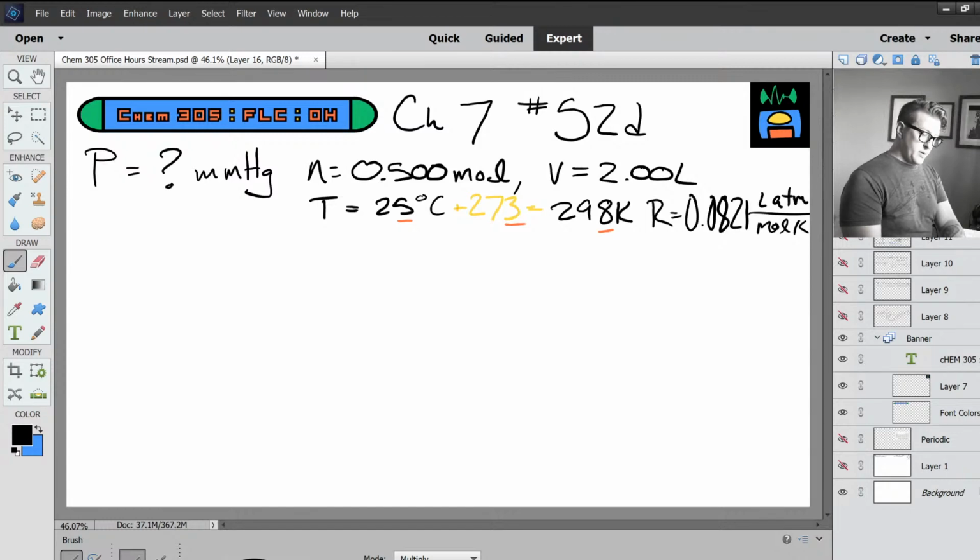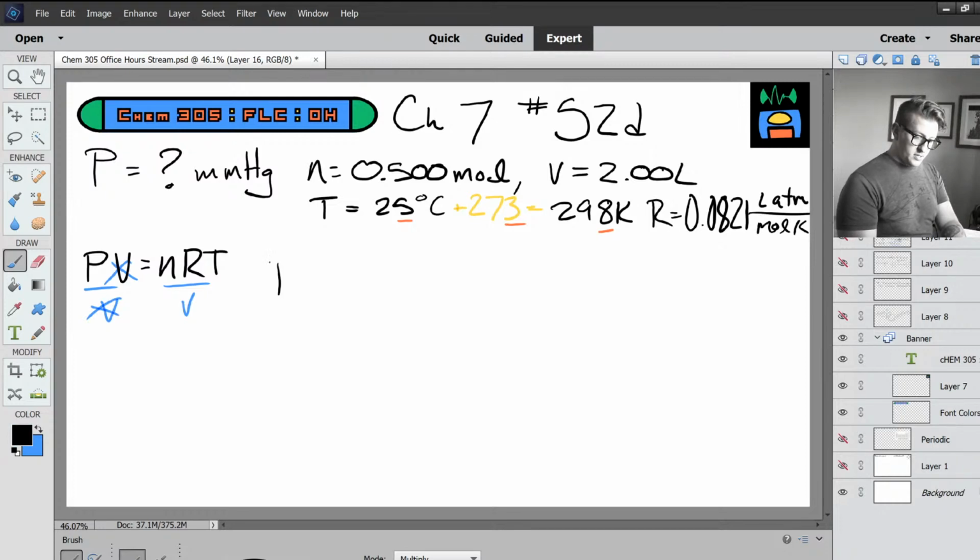All right, so here we have PV equals nRT. And we need to solve for pressure, right? So we divide both sides by volume, as we're getting kind of accustomed to doing.